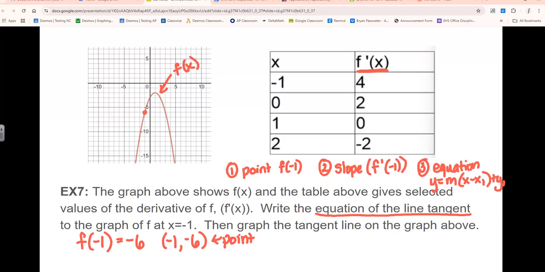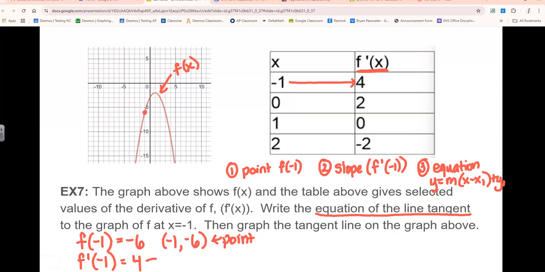For our slope, we need the derivative at -1, because the derivative gives the slope of the tangent line. So we're finding f prime of -1. Mason, what are we going to get for f prime of -1? 4. We're just looking at our table, because the table tells us the derivative: when x equals -1, f prime is 4.